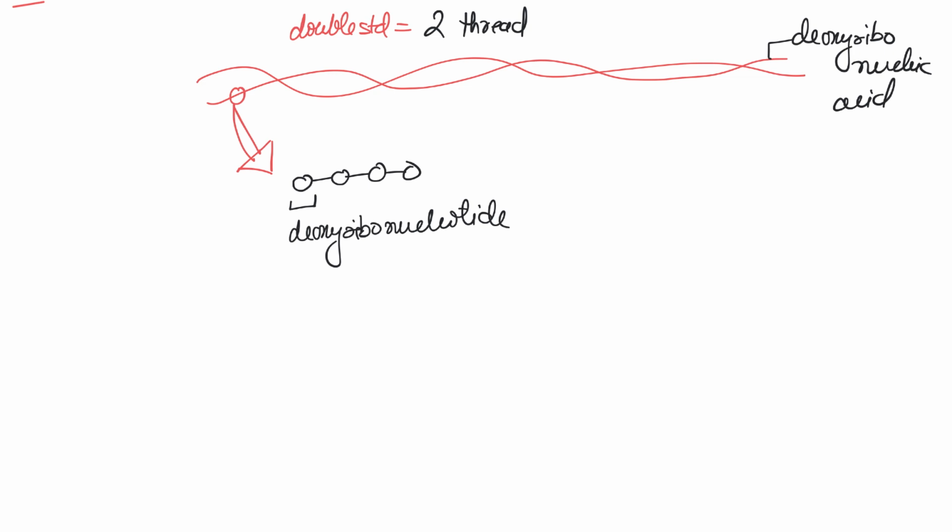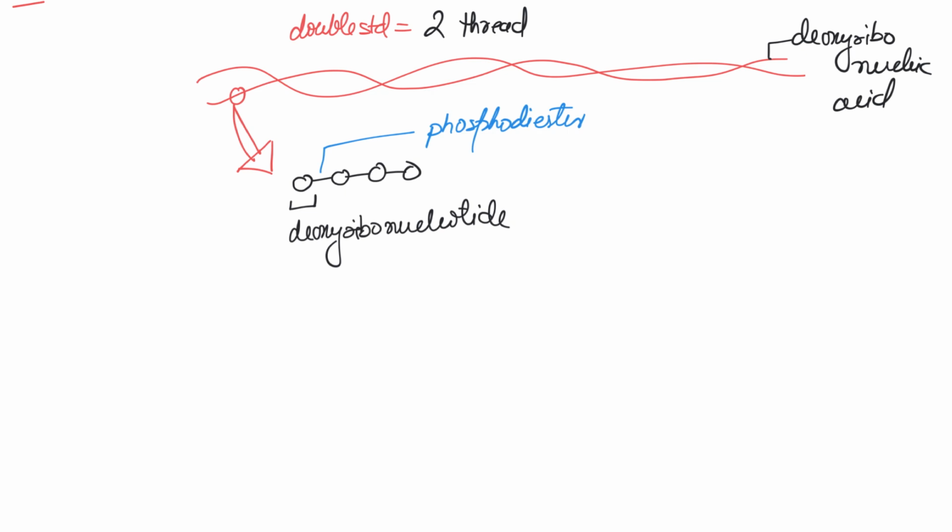These are small units. Now, in between these small units, you have bonds. These bonds are called phosphodiester bonds. Now, when you break these bonds, the deoxyribonucleotides go their separate ways.